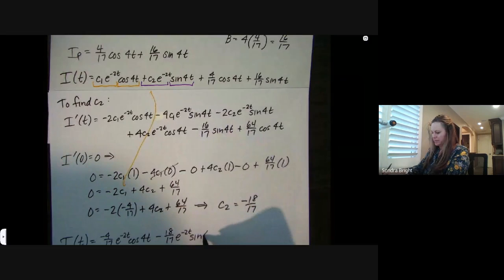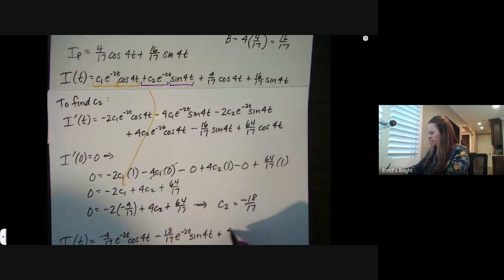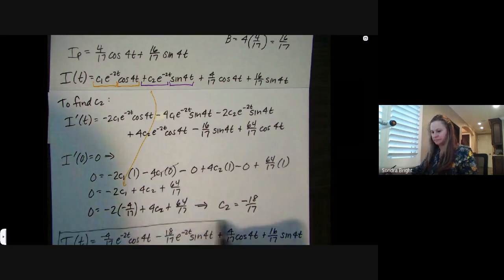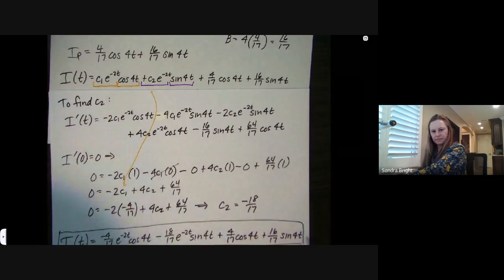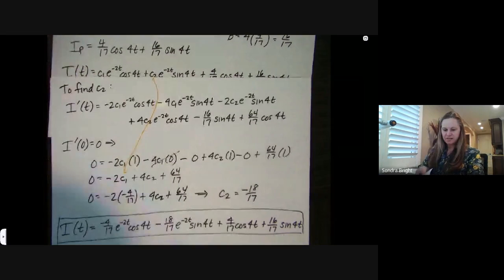So plus 4 over 17 cosine of 4t plus 16 over 17 sine of 4t. There we go. That's it. Not too shabby.